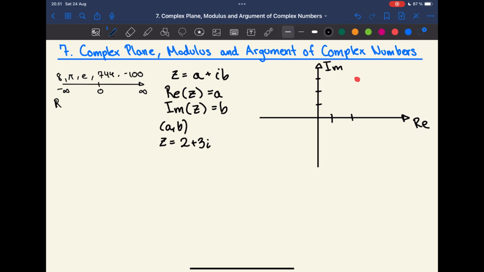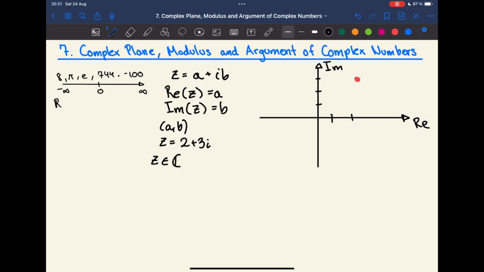So we say that the real numbers are a subset of the complex numbers. And if we had to write it in mathematical language, if a number is in the complex plane, then we say it's an element in the complex numbers. And we denote that with, just like we did with a double R here, this double C.